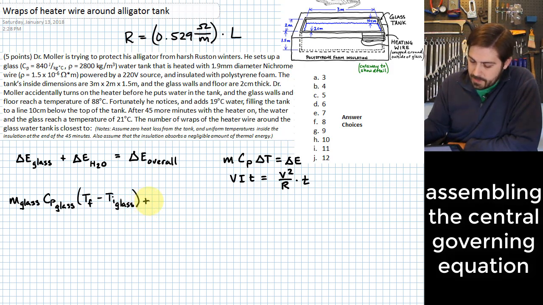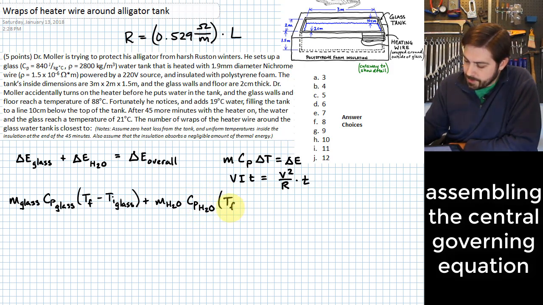Okay, so what I have here so far represents the change in energy of the glass. Now we're going to put in the change in energy of the water. So we'll need the mass of the water times the specific heat of the water times the change in temperature of the water, which will be the final temperature minus the initial temperature for the water.